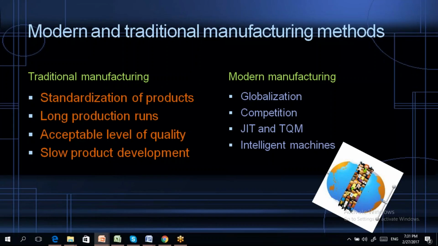And total quality management, as I said, has three words. Total means everyone in the organization is concerned about quality. Not only the quality control department or the quality inspectors, but from the garbage cleaner to the CEO is concerned about quality and how it can be improved.